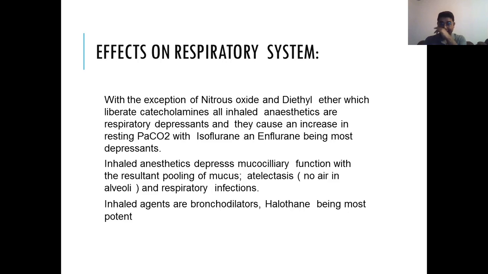So when your patient has some kind of lung infection, pneumonia, cough with sputum, or COPD, inhaled anesthetics will not be a good choice for them. If you want to administer an inhaled anesthetic for them, then nitrous oxide and diethyl ether would be the best among these agents.